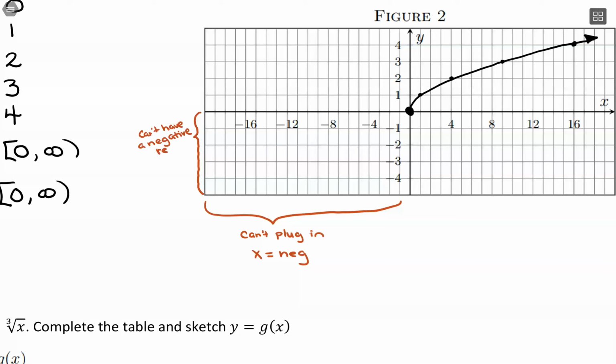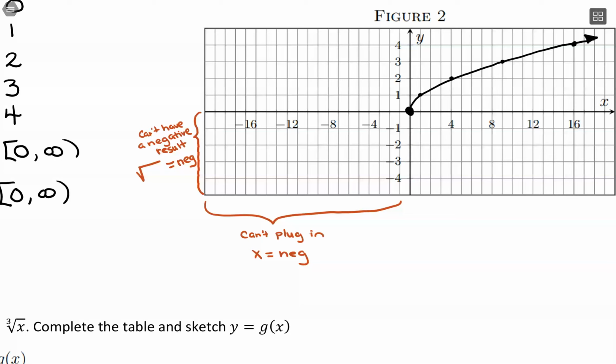And that's something I brought up before when we were solving our equations and getting an extraneous solution. Having a square root equaling a negative number can't happen here. And this shows it. If we have our square root function, we can't get these output values that are negative coming through. So those are the restrictions of our graph.